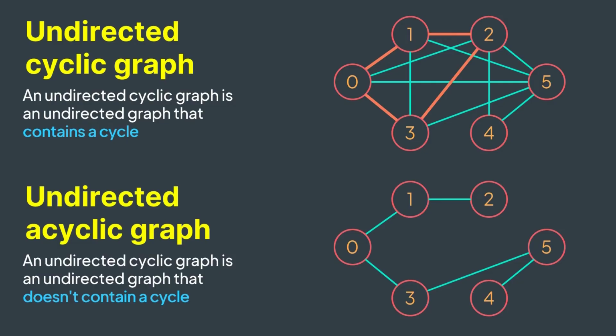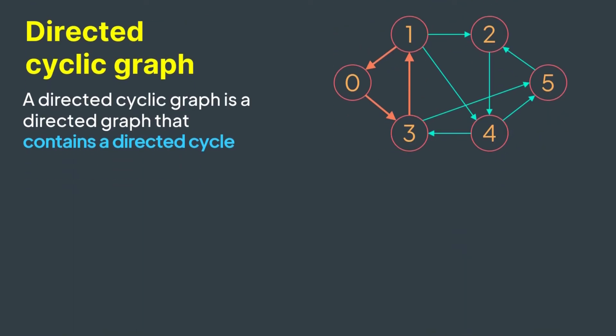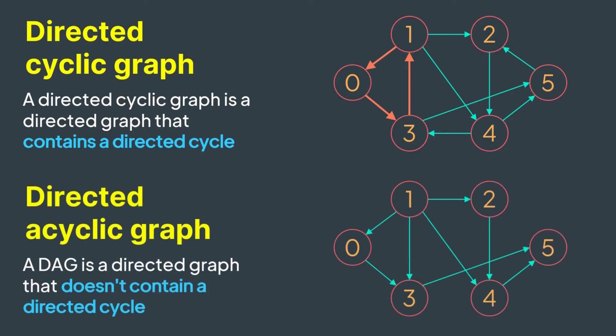For directed graphs, a directed cyclic graph is a directed graph that contains a directed cycle, like this one. An example of a cycle inside it is the one in orange. And a directed acyclic graph, DAG, is a directed graph that doesn't contain a directed cycle, like this one.